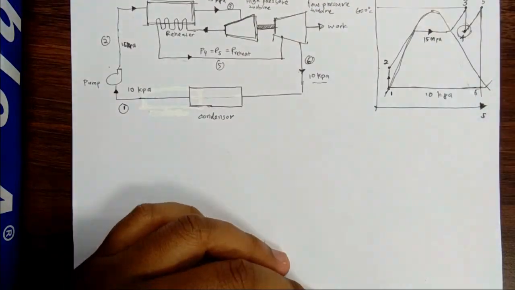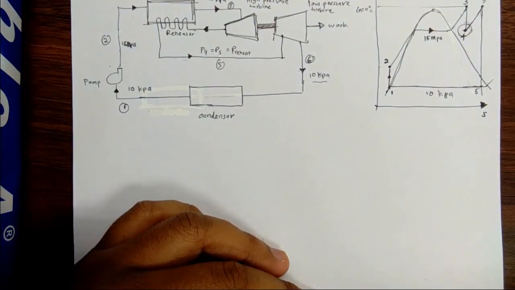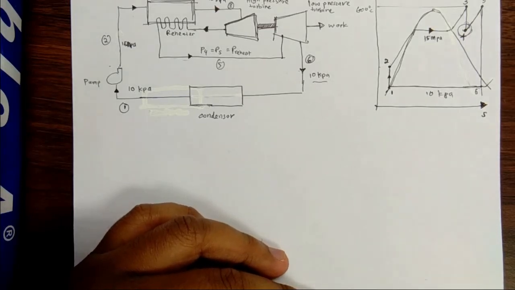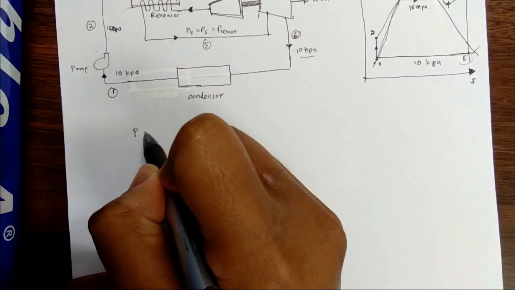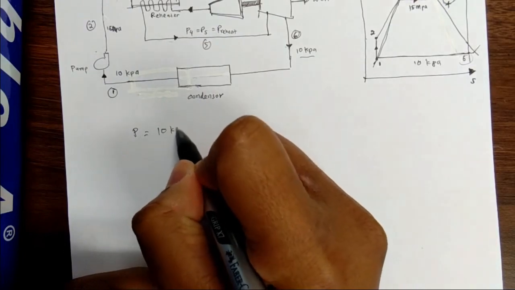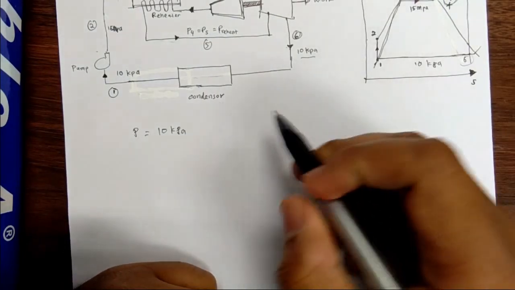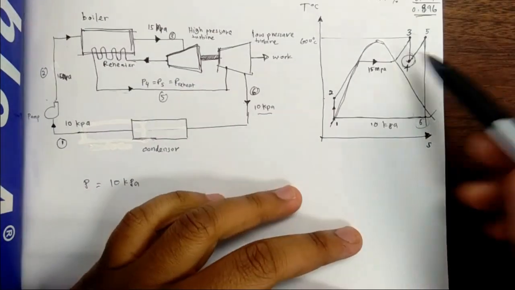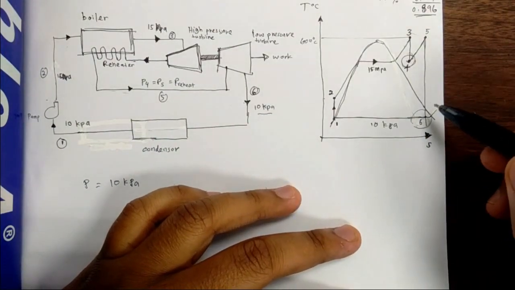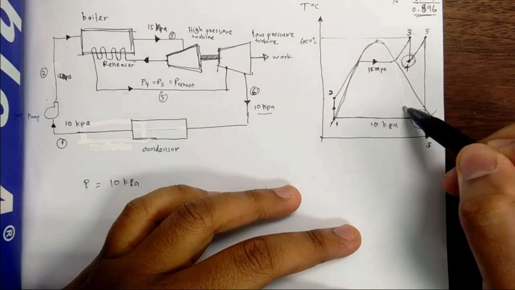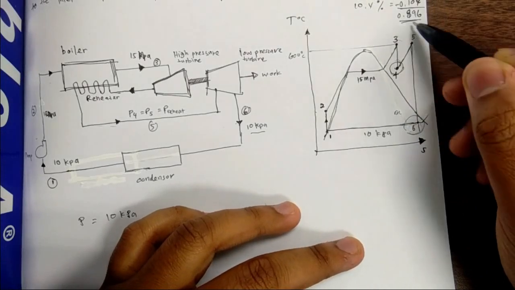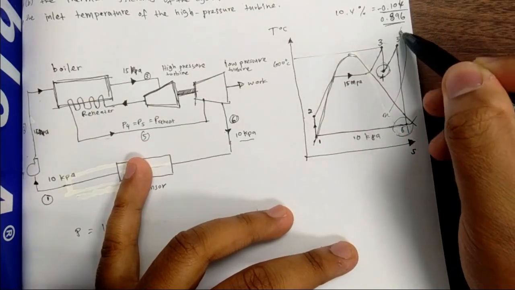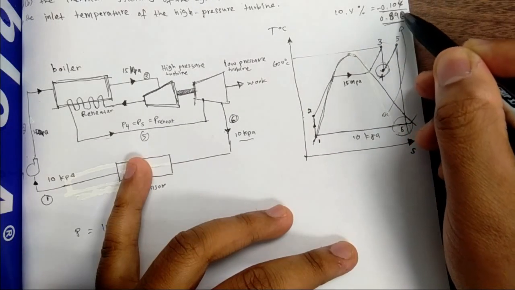Okay, so how do we do it? First, it is given that the pressure at 6 is P6 equal to 10 kilopascal. And then the quality of steam at state 6, which is X, is 0.896.